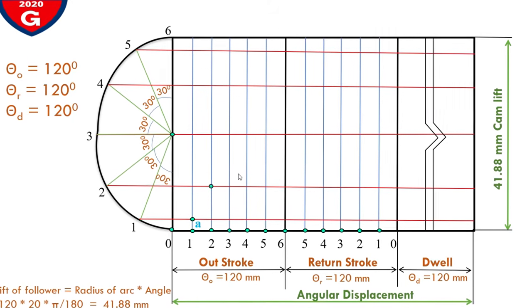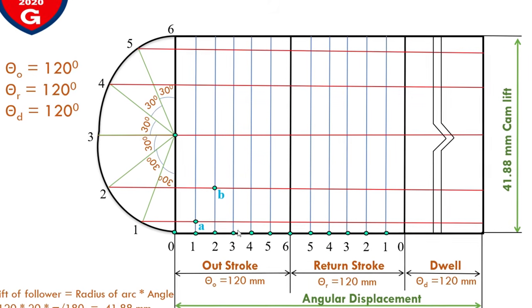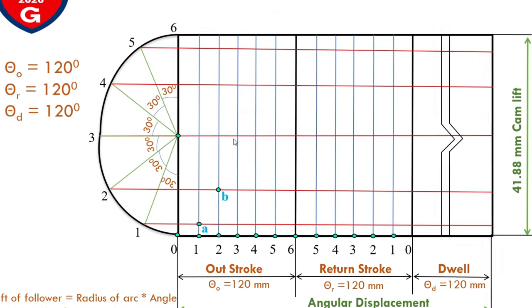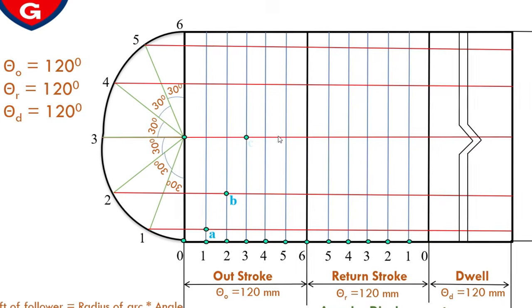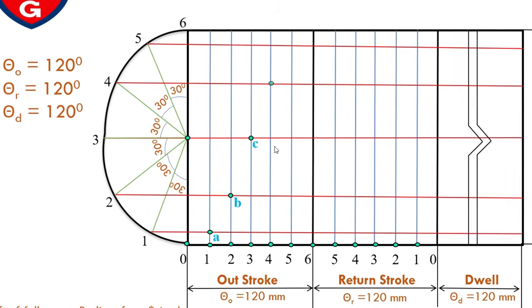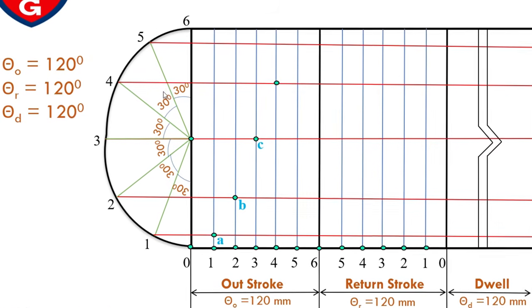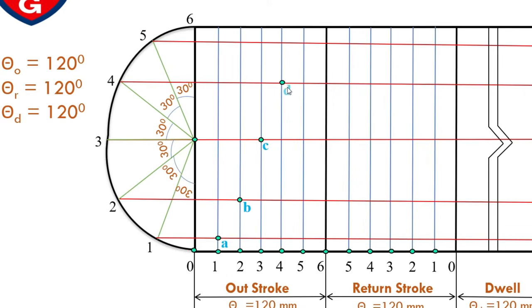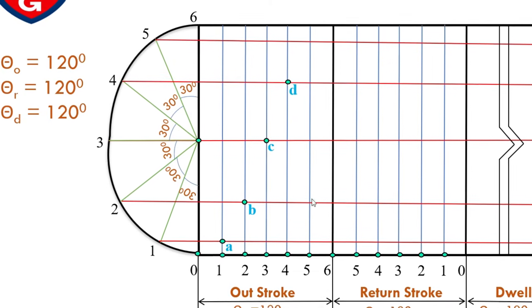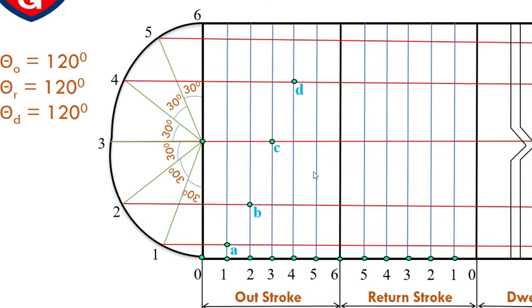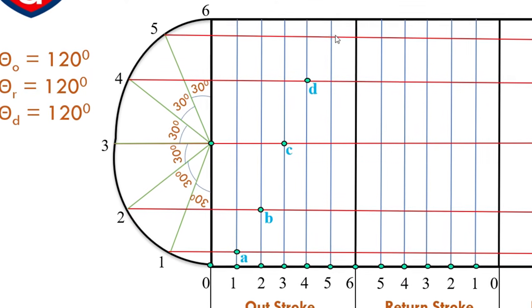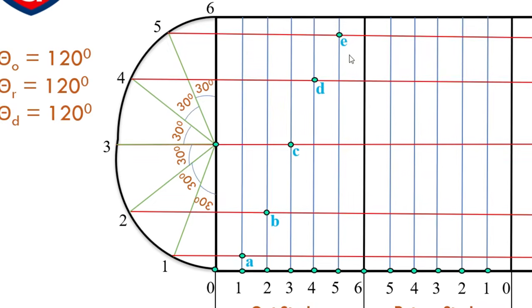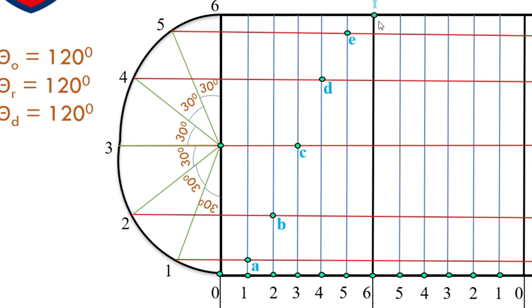So this is point B. Third division vertical line and semicircle horizontal line intersect here. So this is point C. Fourth division vertical line and semicircle horizontal line intersect here. This is point D. Fifth division vertical line and fifth division semicircle horizontal line intersect here. This is point E, and this is your final point F.